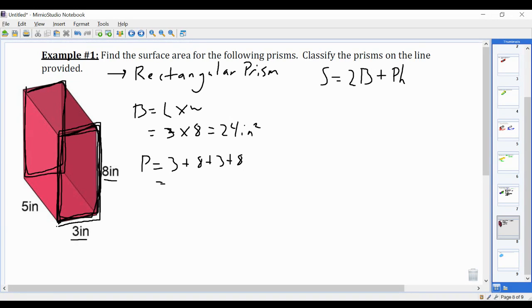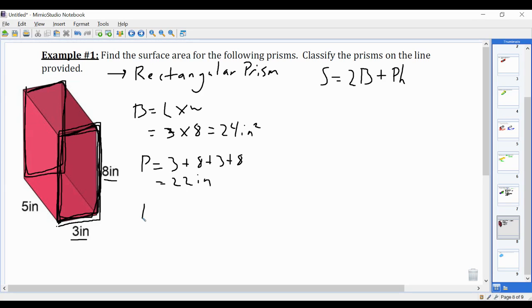What is that equal to? 3 plus 3 is 6, plus 8 is 14, plus 8 again is 22 inches. Don't worry too much about the units. It's more important to get the answer right. 22 inches for our perimeter.